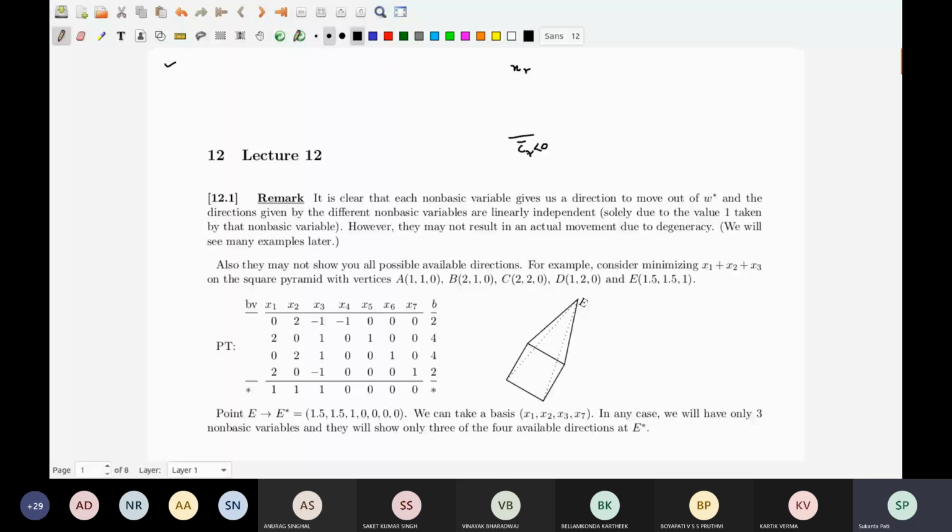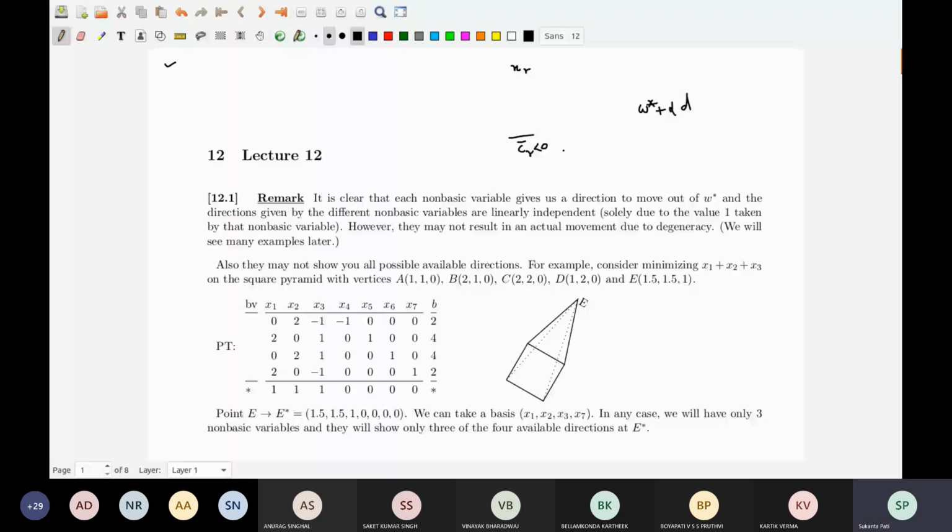So I know that, assuming that I am at W star, in this direction if I move, then the value will decrease. If I move alpha units, then it will be alpha times C bar R. That is the difference that is going to happen.